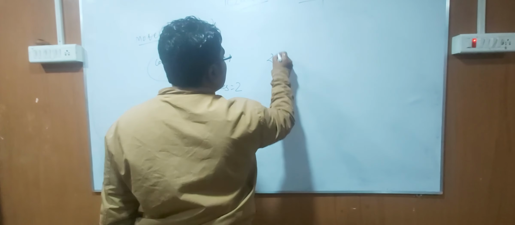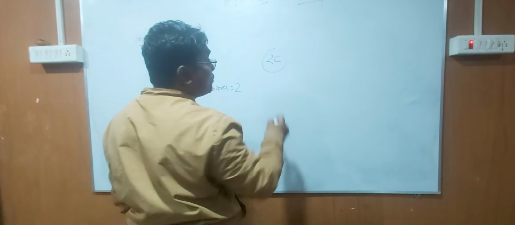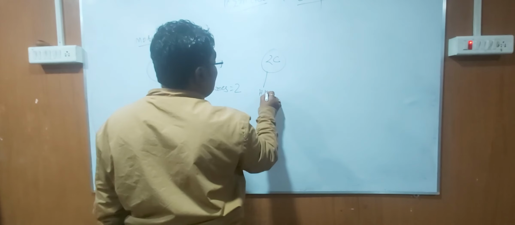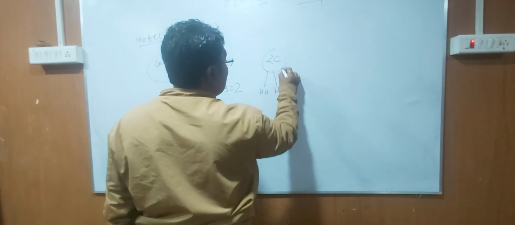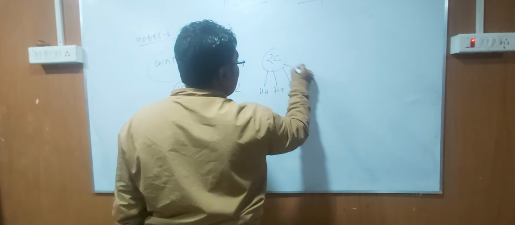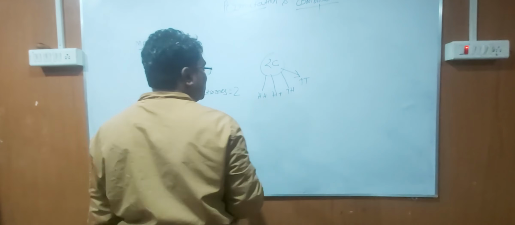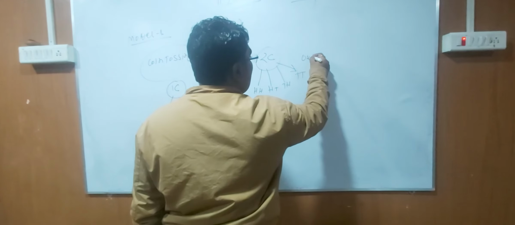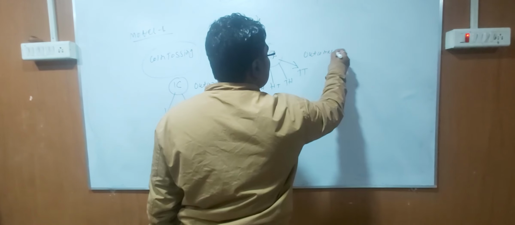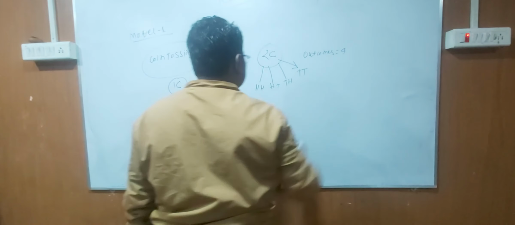If we toss 2 coins, then head, tail, head, tail. How many outcomes are possible? 4.